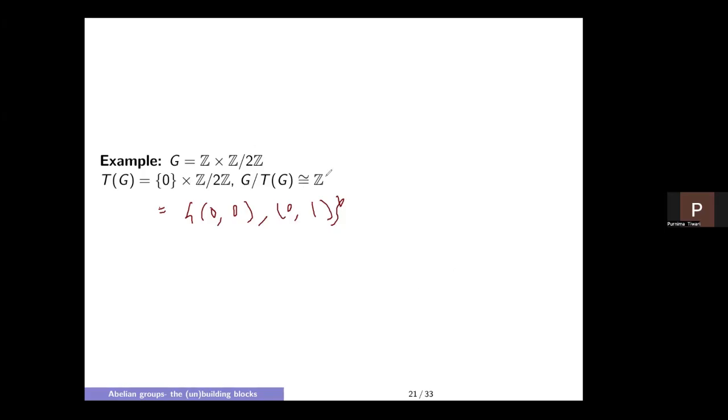Would it not generate Z? Are we missing something here?